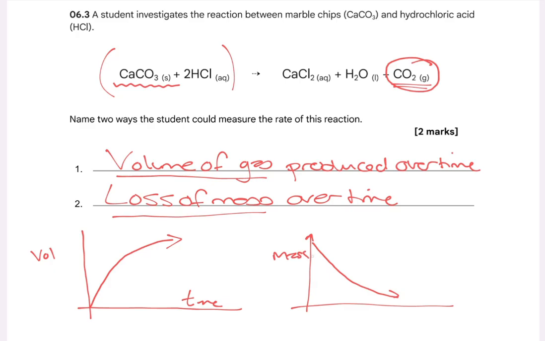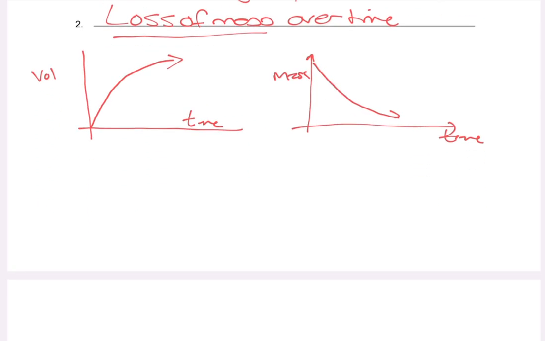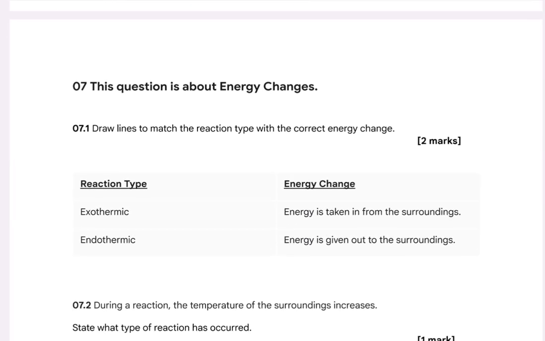Then we may get something like that, which we could then compare the rates of reactions by changing variables in these experiments, such as the concentration of the acid, or like the previous question, the surface area, something like that. So moving on then into question 7 this time.